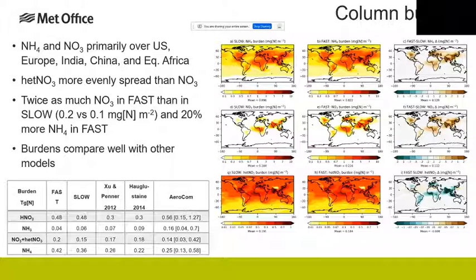But the really interesting thing about this result is that there is twice as much fine mode nitrate in fast than there is in slow. And this suggests that we have some degree of control over the ammonium nitrate concentrations by using this uptake coefficient as a tuning parameter. We've also compared our results, these burdens, with other models, including AeroCom, and it seems to compare really well. So that suggests that the model is doing something relatively right.